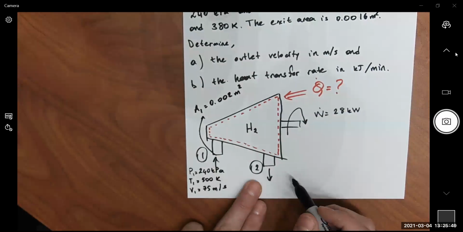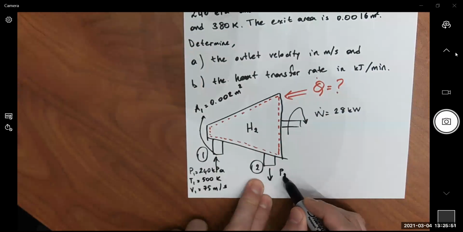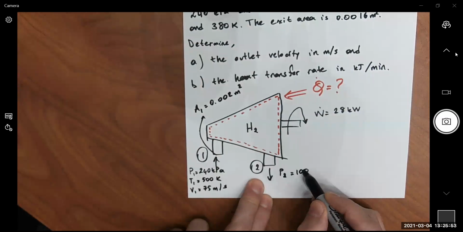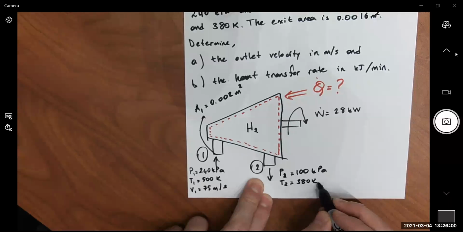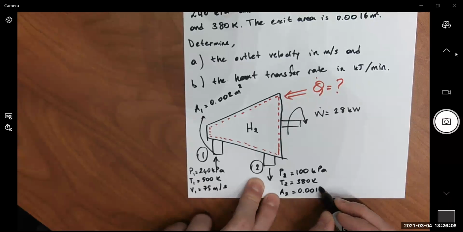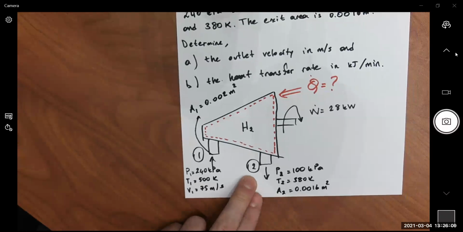The exit pressure 100 kilopascal. Temperature 380 Kelvin. And exit area is 0.0016 meters squared.